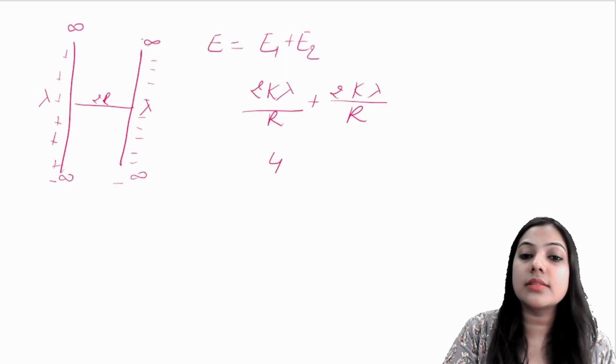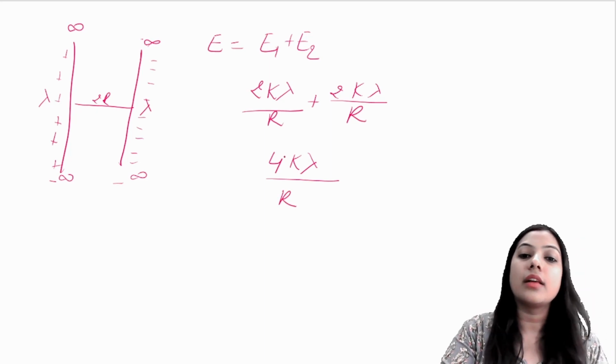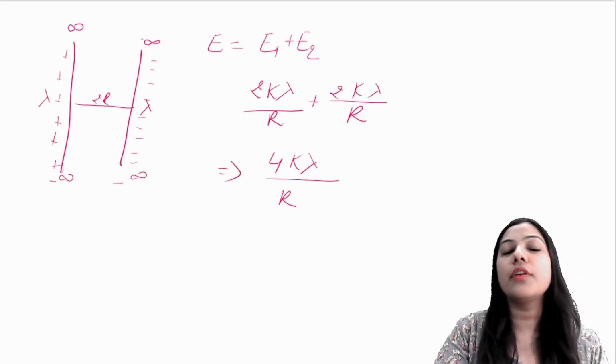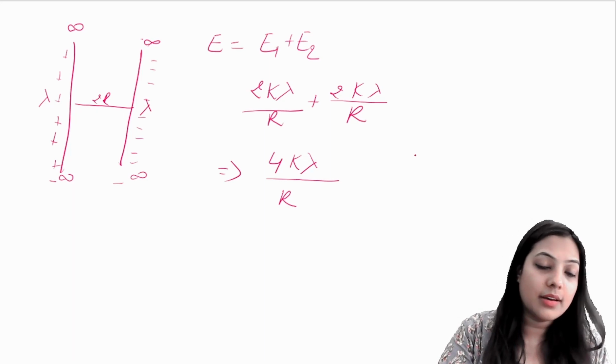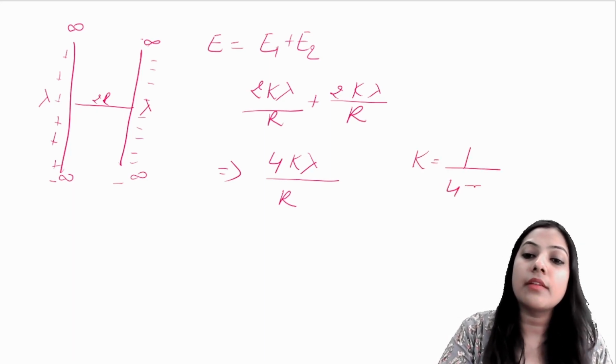If we add these, we get 4k lambda upon R. Now, we all know the value of the constant k is 1 upon 4 pi epsilon naught.